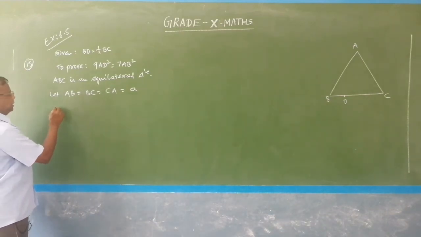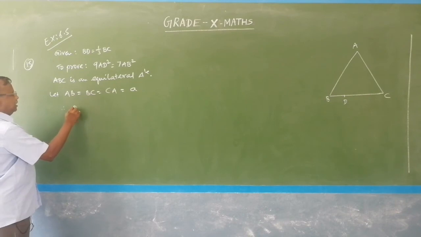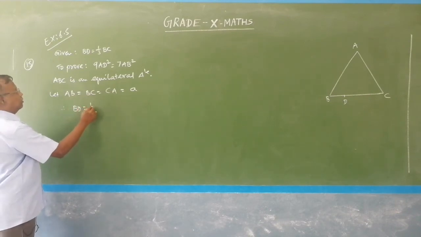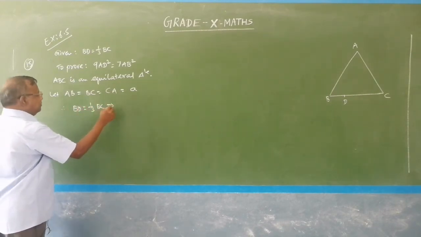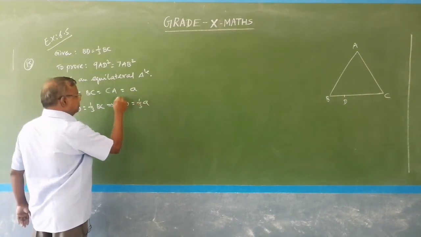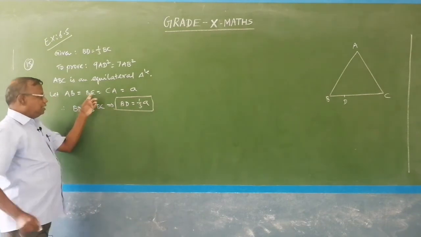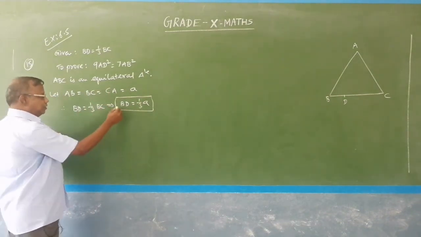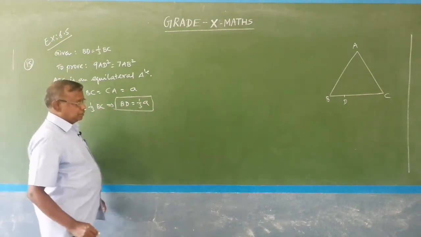Now given that BD equal to 1/3 BC, which gives BD equal to 1/3 A. So BC is A, so therefore let us take BD equal to 1/3 A.